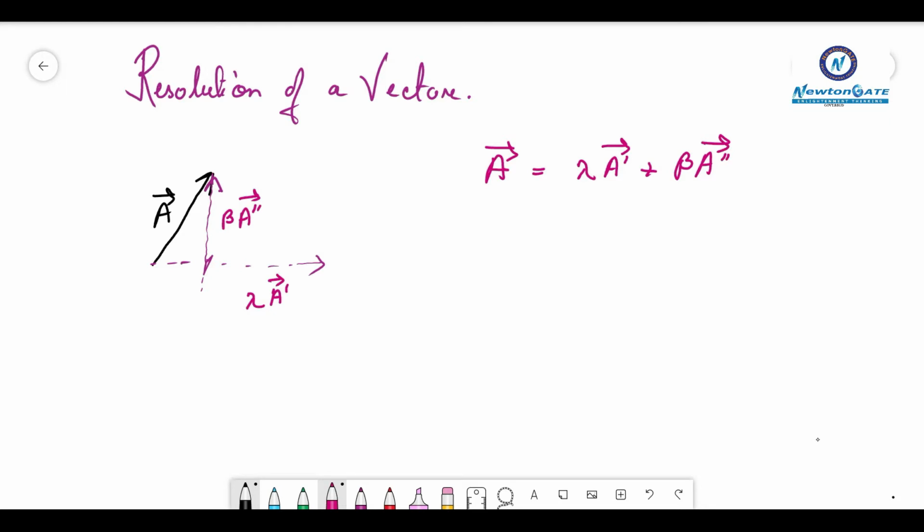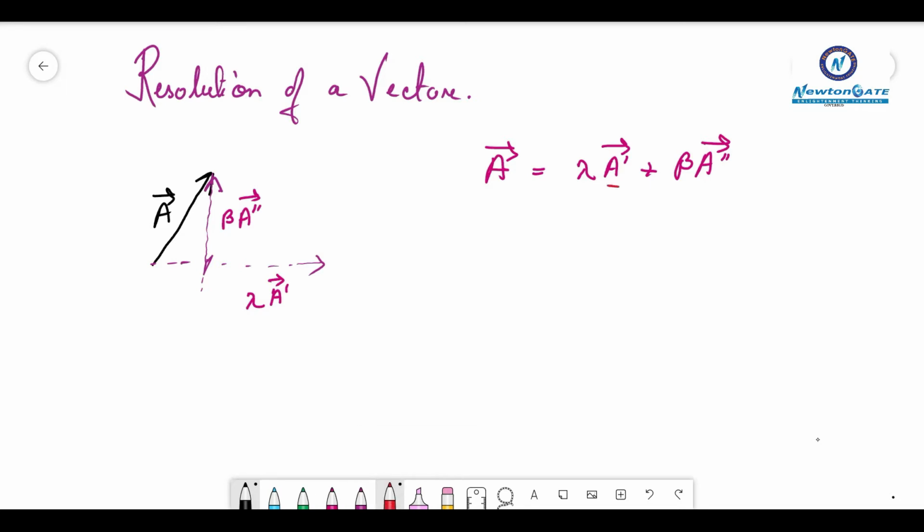Now you will be wondering what lambda and beta are. Lambda and beta are scalar quantities. We can multiply a scalar quantity with a vector quantity, and it forms this kind of value, lambda into A dash vector.